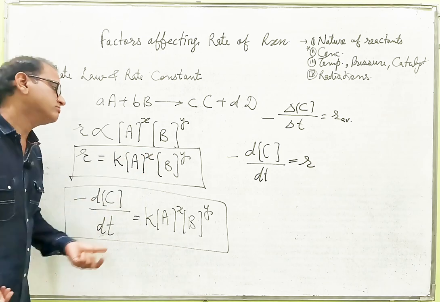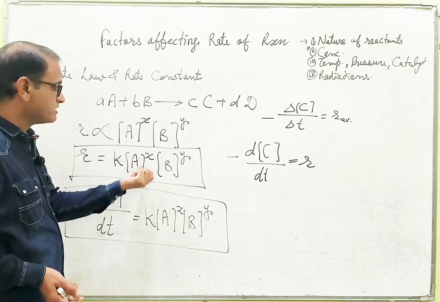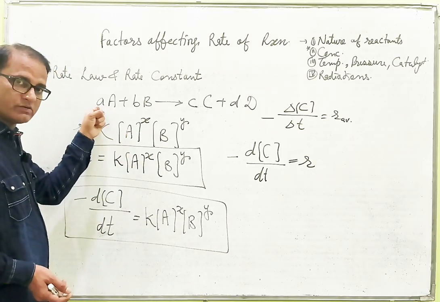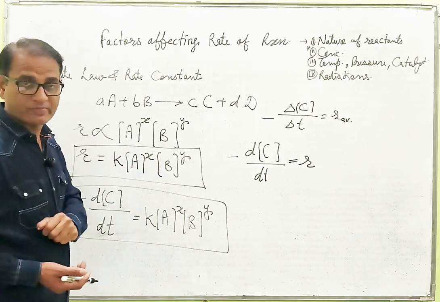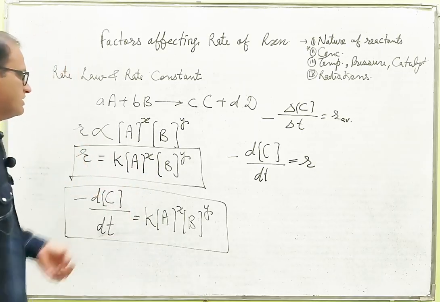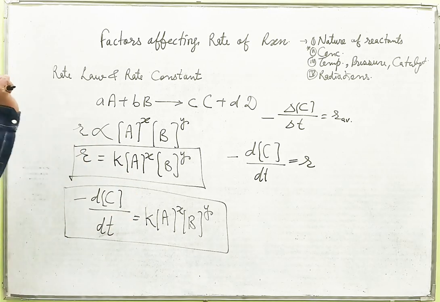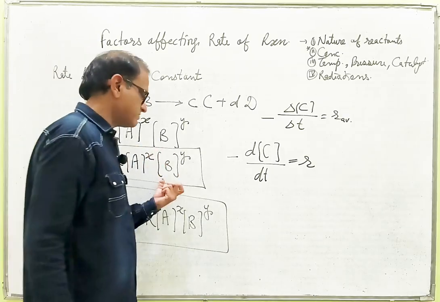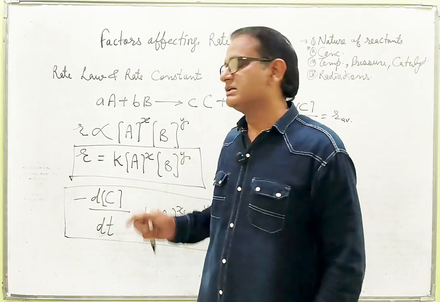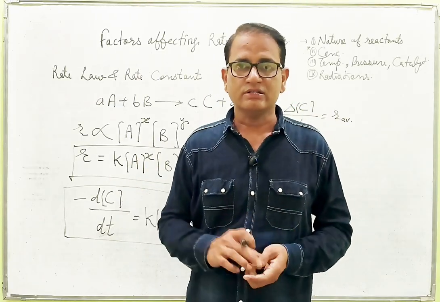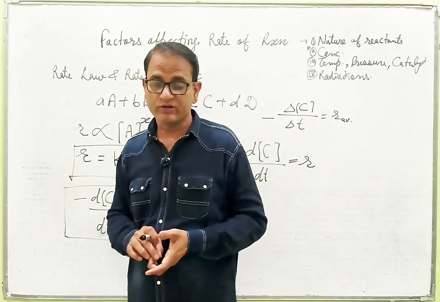This exponent may be fractional, it may be 1, it may be equal to the stoichiometric value, it may be 2, 3 or whatever. So A is affecting the rate of reaction as per its own concentration with the raised power x. Likewise B is affecting the rate of reaction, and these x and y are called order of reaction. The sum of x and y is called the order of a reaction, okay.